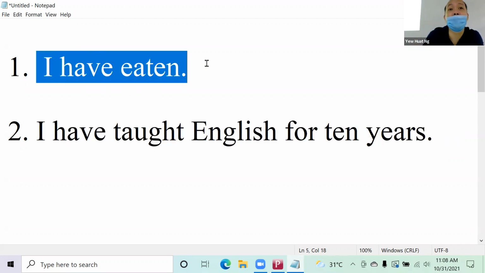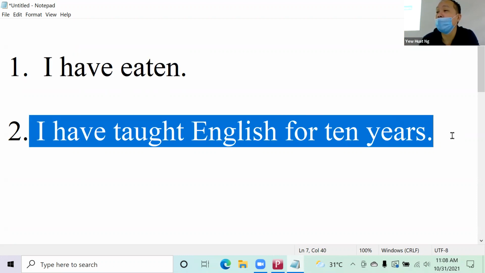So 我已经吃了. I'm sorry, I think I better use some Chinese just to make sure you really understand. It's very easy. But if I use English, I'm afraid that you may get a bit confused. So 我已经吃了，动作已经结束了，时间不重要，correct？我教英文已经有10年了，还在继续吗？这肯定吗？Are you sure？我教英文已经从10年前开始到现在还在进行。Yes, but that is past perfect.